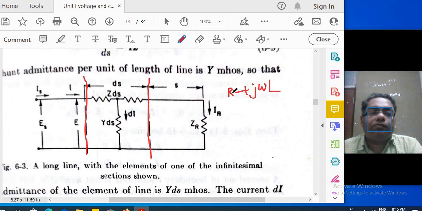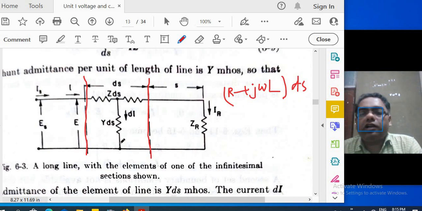R is for unit length, L is for unit length. So we have to multiply by ds for this section, so as to consider the resistance for this section.